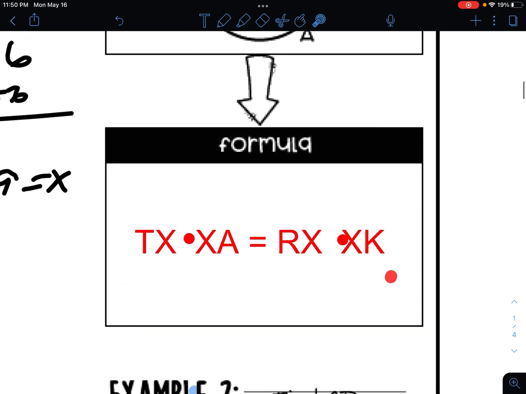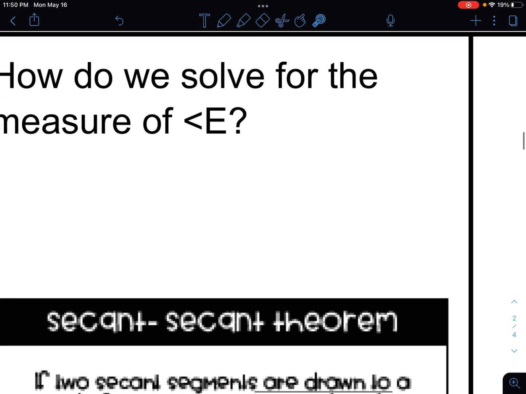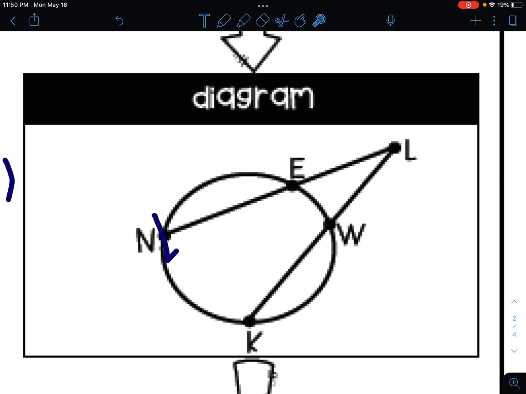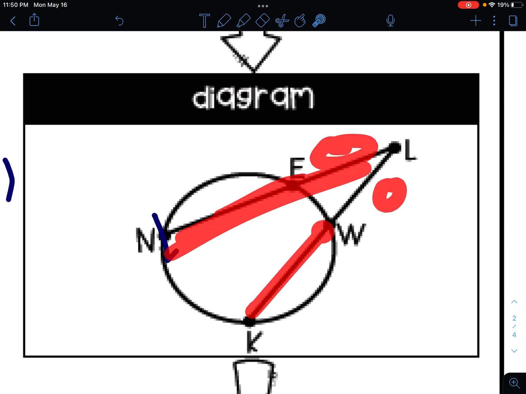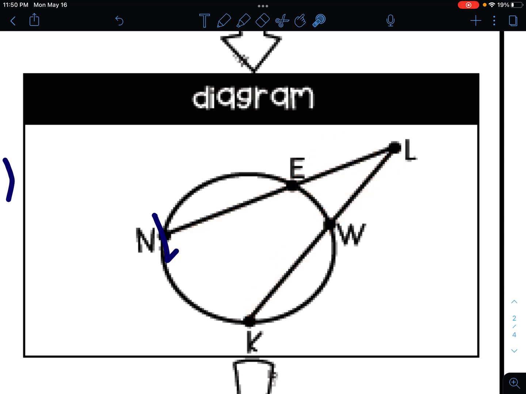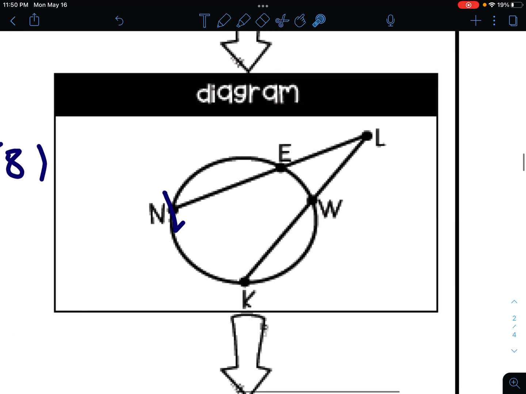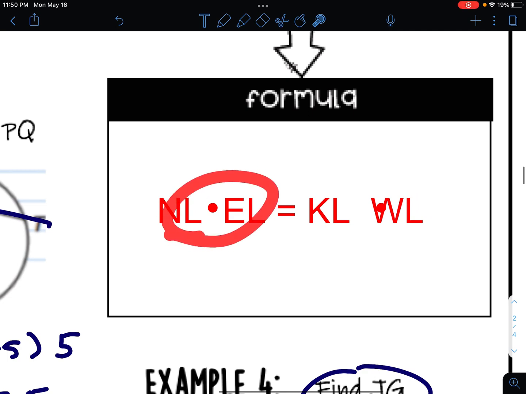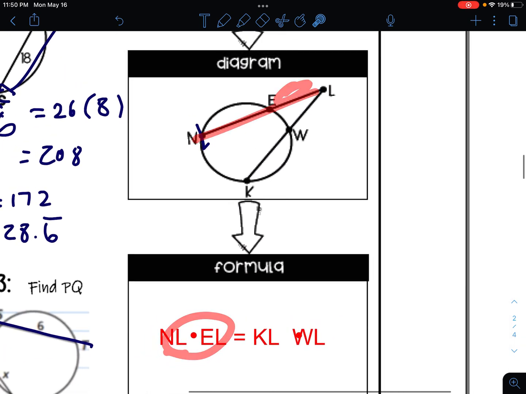What happens if we have a secant and another secant? Outside times the whole is equal to the outside times the whole. So in this case, the outside is EL, the whole length is NL. So we do NL times the outside EL, same thing. KL is the whole times WL, which is the outside.